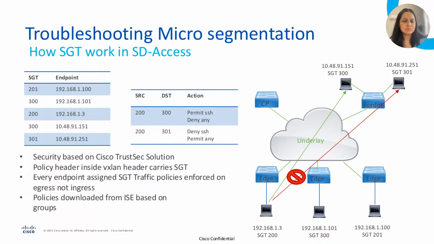As you can see in the table, it allows the traffic between SGT 200 and 300, and it's denying the traffic between SGT 200 and 301. And the same thing is depicted in the form of a diagram as well. So this is how typically the SGT assignment and policy enforcement will take place.